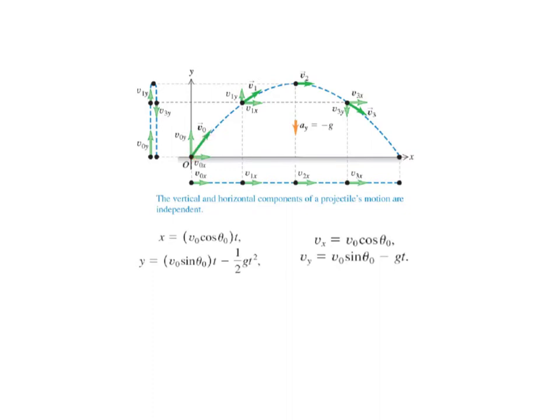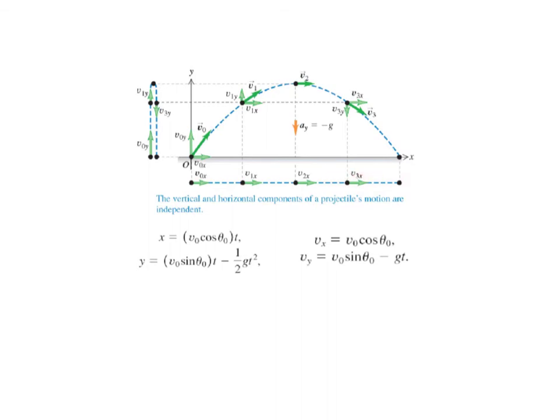V0 is at a lower angle, so we can find V0x and V0y. And you'll see that V0x is constant. And in the y direction, you're basically having an object that's thrown up in the air and then comes back down. And in the x direction, it's moving along at a constant velocity.